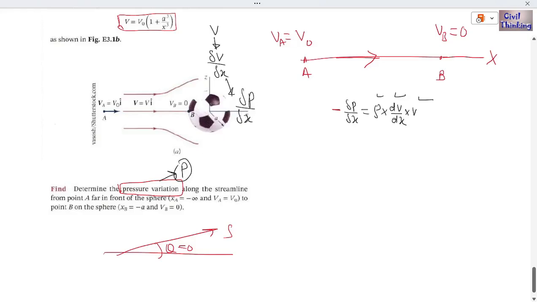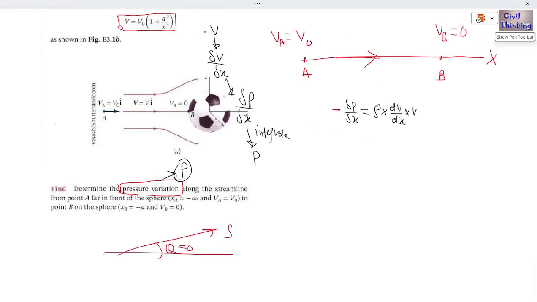But we have delta P by delta X. How are we going to do it? We will integrate it, and we will get pressure variation P. So we have these steps. So let's find each step one by one.